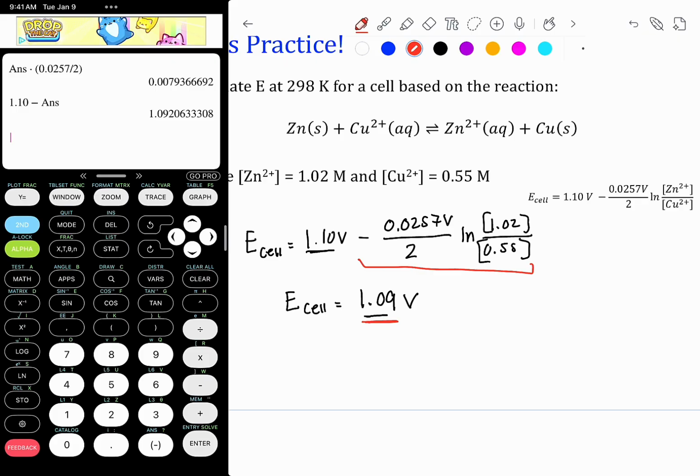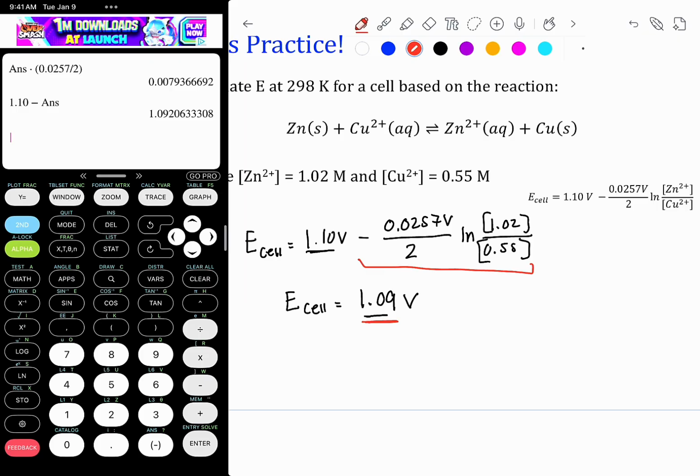Okay, so because we decreased that reduction concentration, it then decreases that voltage. If instead we doubled it, we would see this voltage would go up, because there's now more ions present for that reduction to be happening.